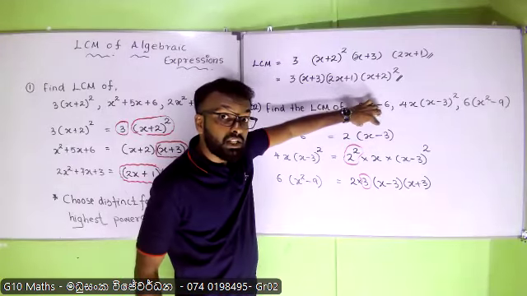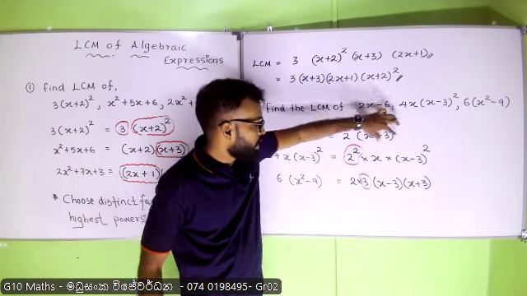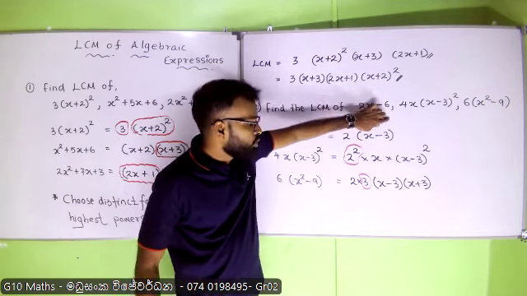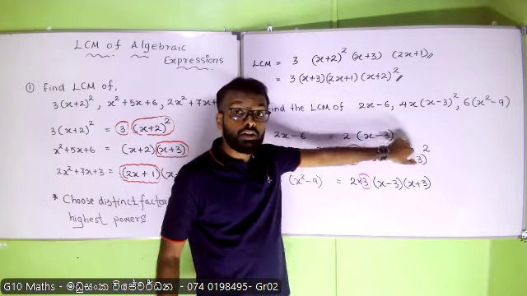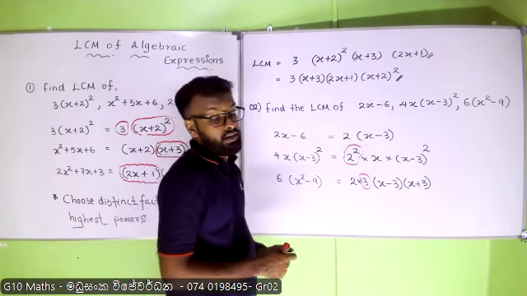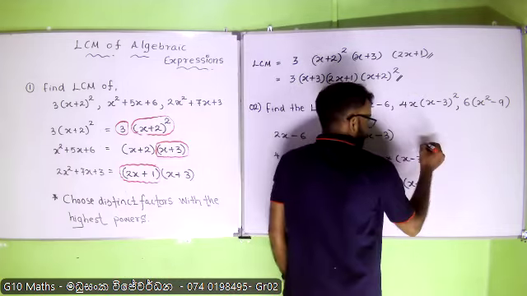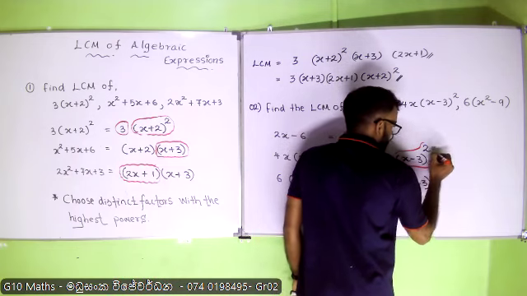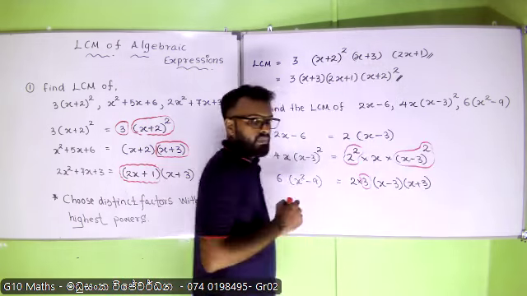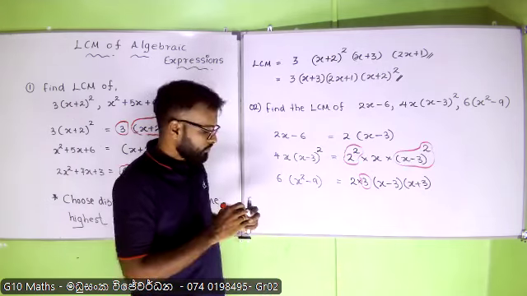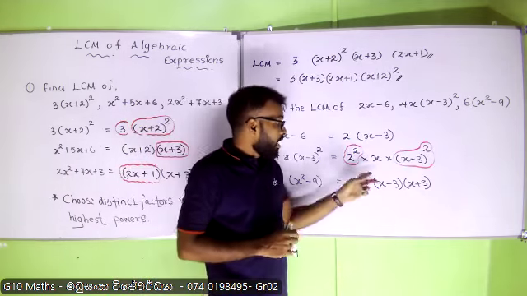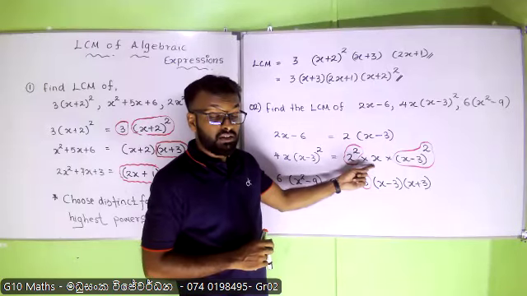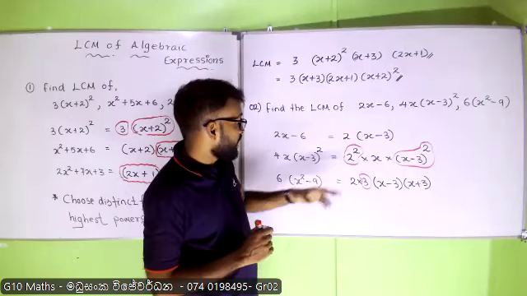Now 2 and 3 are okay. Now I have x minus 3. X minus 3 to the power 1, and x minus 3 to the power 2: the distinct factor with the highest power. We have to take it. Are there any x's?